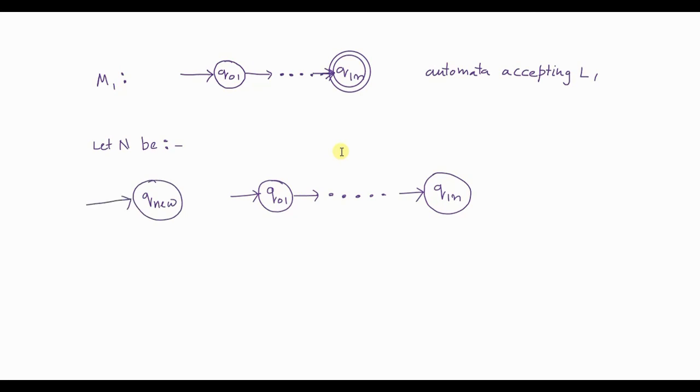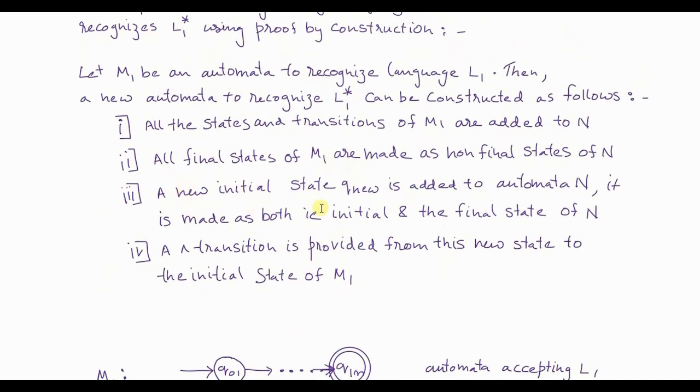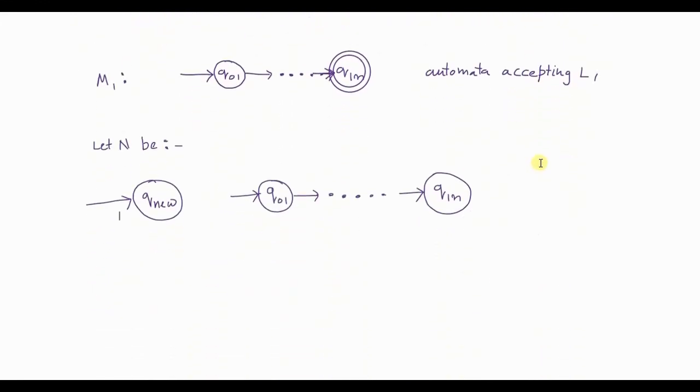So a new initial state Q new is added to N. It is made as both initial and the final state of N. So this Q new is made as initial as well as the final state. So Q01 is no longer the initial state. That's the meaning of it.